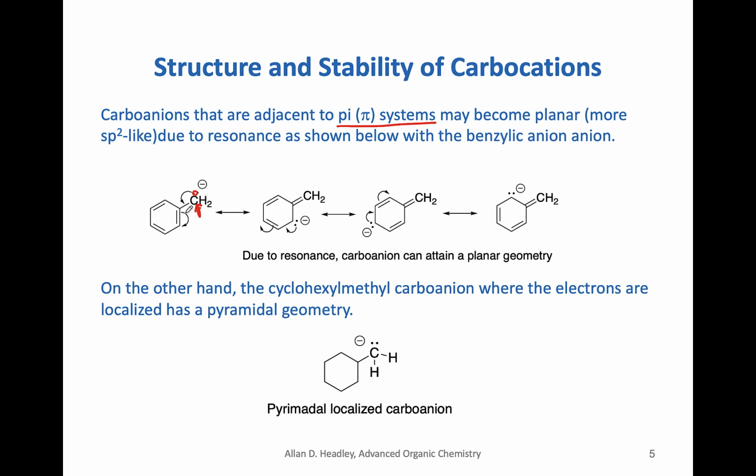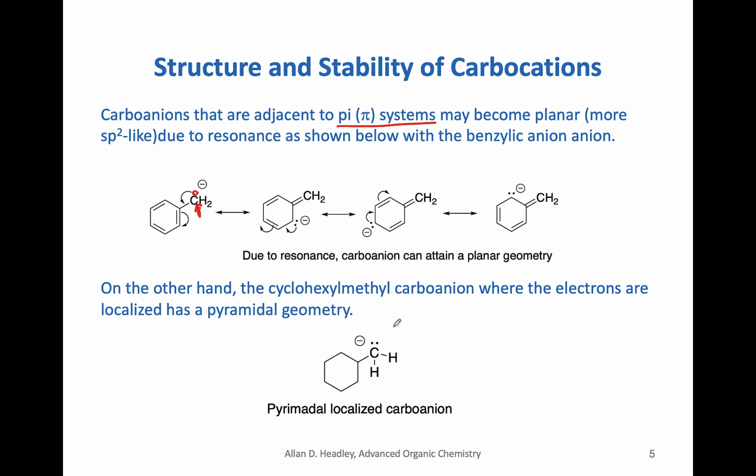So if there is a carbanion adjacent to a conjugated system, a pi system, more than likely it will rehybridize to sp2 so that delocalization can take place. On the other hand, here is a very similar carbanion, but no conjugation.